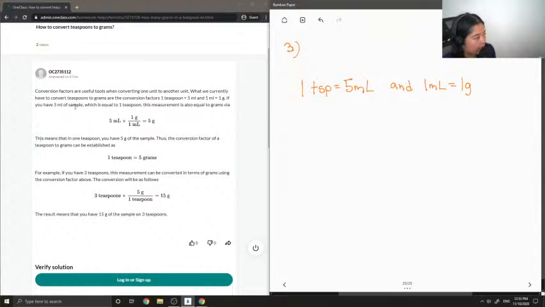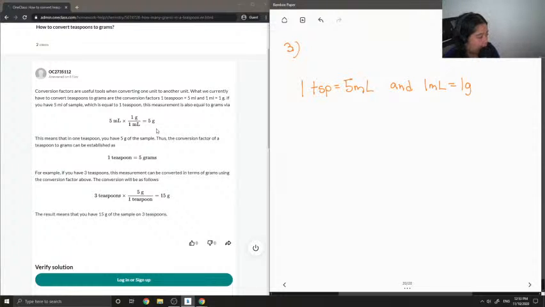If you have 5 mils of sample, which is equal to 1 teaspoon, this measurement is also equal to grams via 5 mils times 1 over 1, which converts it to 5 grams. This means that in 1 teaspoon you have 5 grams of the sample. Thus, 1 teaspoon is equal to 5 grams.